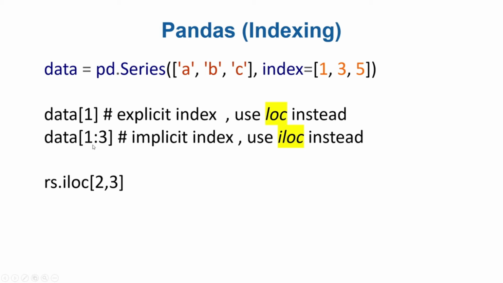Will it use the implicit index or the explicit index? That's a problem, because 1 and 3 are also explicit indices, and whether 1:3 is referring to the implicit, default indices or to these indices is confusing. We will see how to handle that confusion using the loc function and the iloc function.